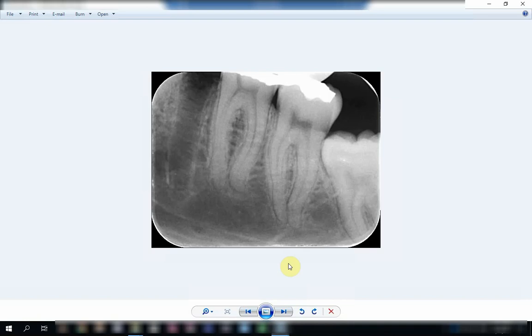Mental foramen, as we know, is the exit of the inferior dental canal, and it is rounded in shape. The foramen exits buccally from the buccal surface of the mandible, and it represents the exit of the mental nerve and blood vessels that would continue forward to supply the lower lip.